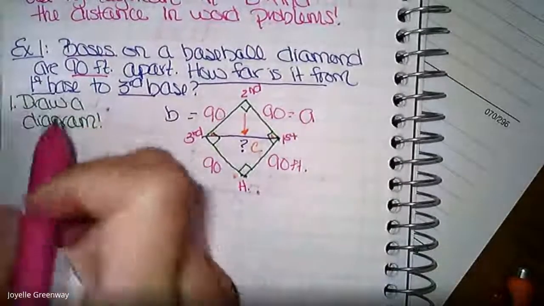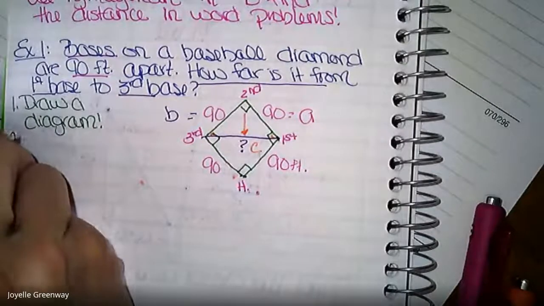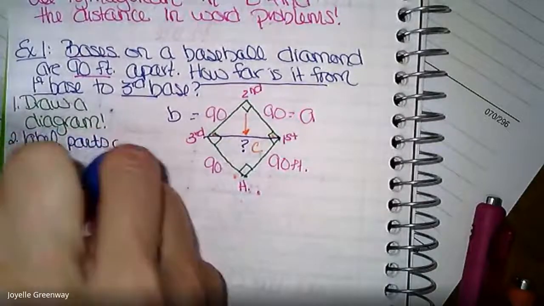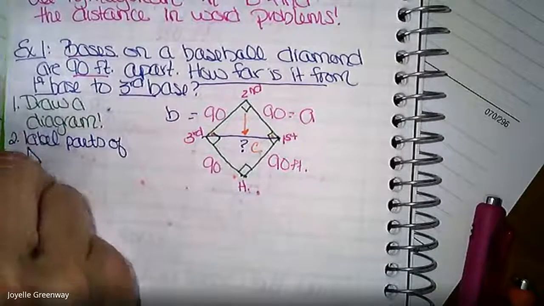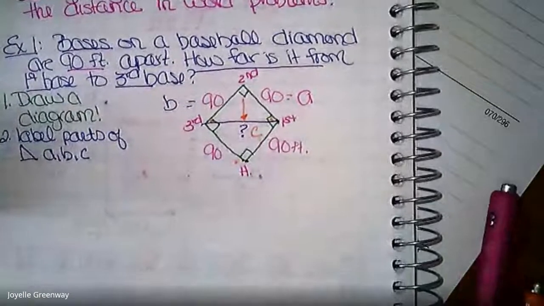So step 2 is use Pythagorean: label your parts of the right triangle as A, B, and C. Always identify C, and then A and B don't matter.